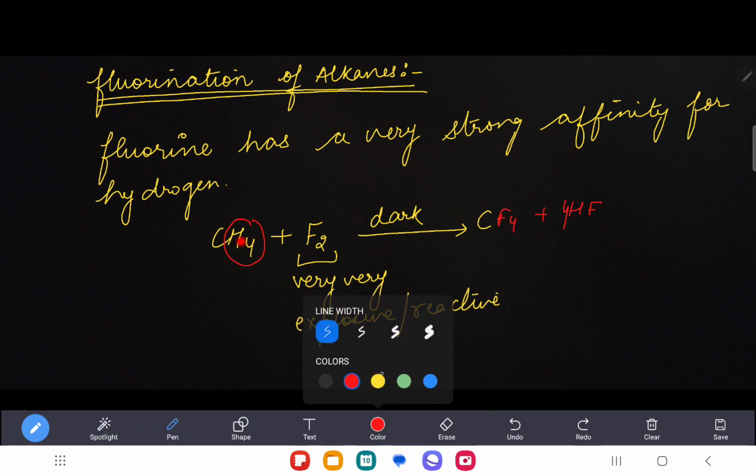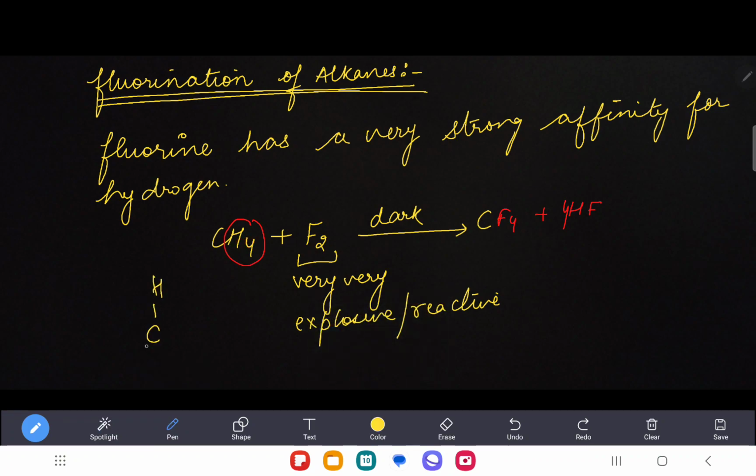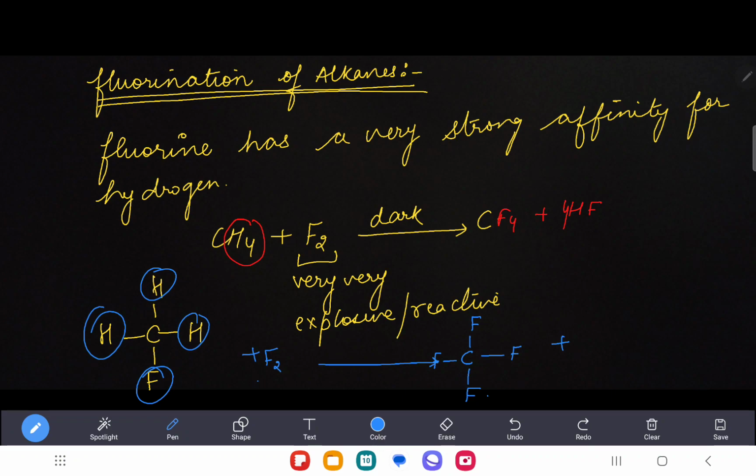So if you have these four hydrogens connected here, and I'm combining with fluorine, what do you think I will get? CF4. You understand? And all the H is being replaced by fluorine. So four fluorine molecules would be required basically.